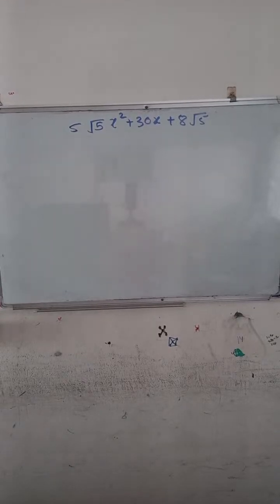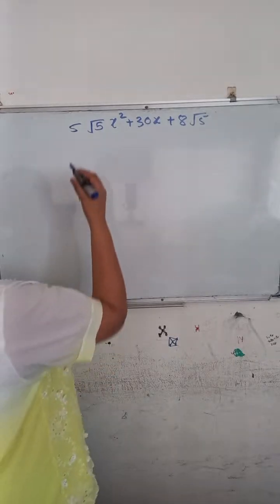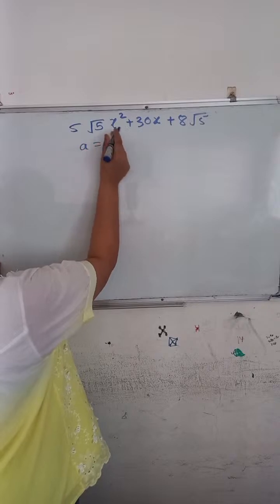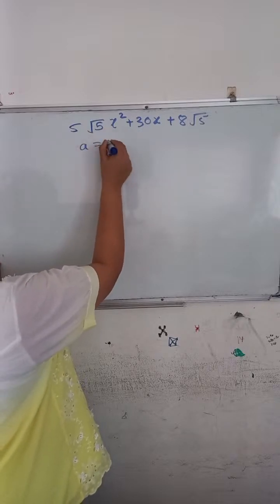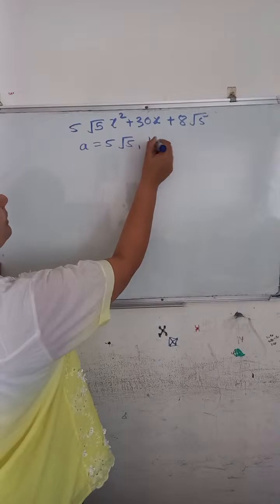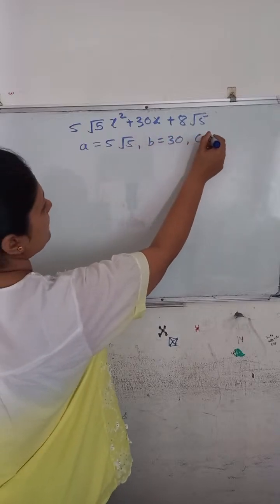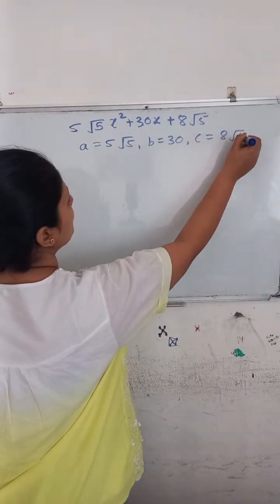So how can you find out here? Root is there. Okay, so again find out a. A is the coefficient of x square, that is 5 root 5, b is equal to 30 and c is equal to 8 root 5.